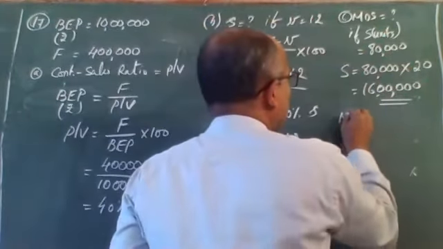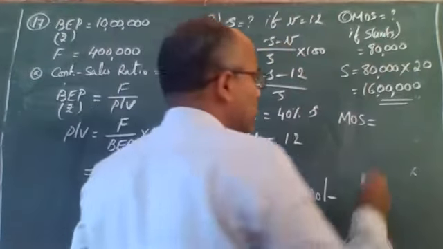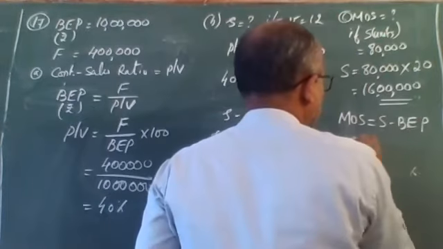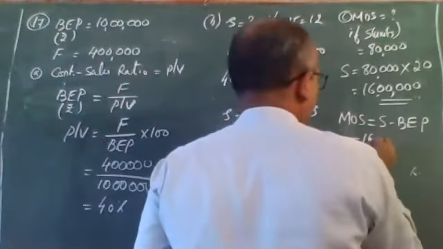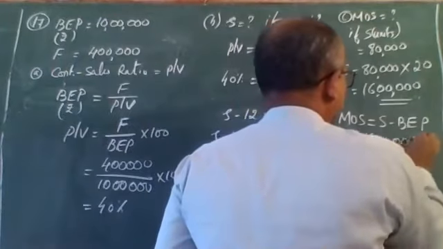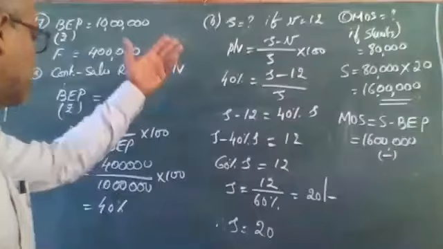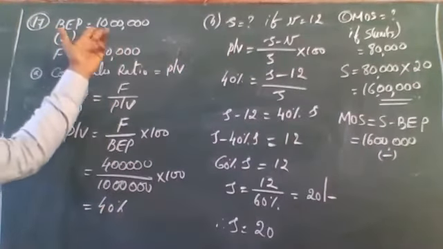Margin of safety is equal to, the formula I am going to use is sales minus break-even sales. My sales is how much? 16 lakhs. 16 lakhs minus my break-even sales, already calculated. Break-even point, it's given in the question directly, 10 lakhs.